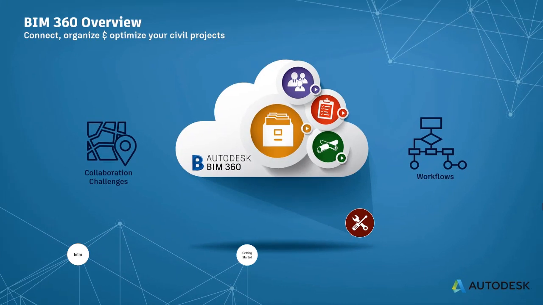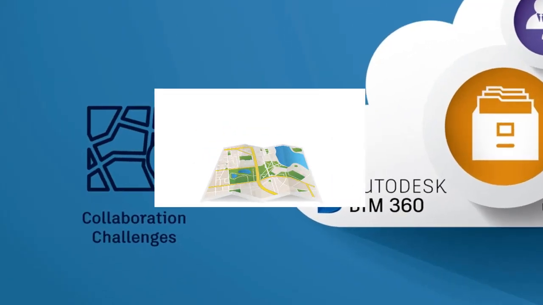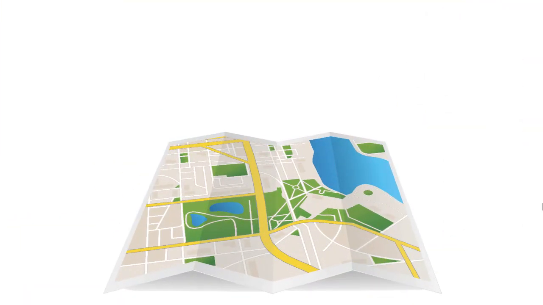When it comes to BIM 360, the reason it's going to be important for us today is we're talking about it through the lens of collaboration. Some of the challenges that we have in traditional collaboration is we're usually working in an office, and in that office we're working on a project that is in some relationship further away from the office. As we work on that project, it's not usually just us that's working on it.